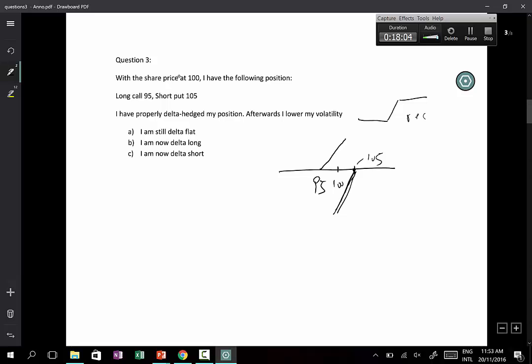That's the final result. Okay. So long call and short the put. Now I have properly delta hedged my position, and afterwards I lower my volatility.